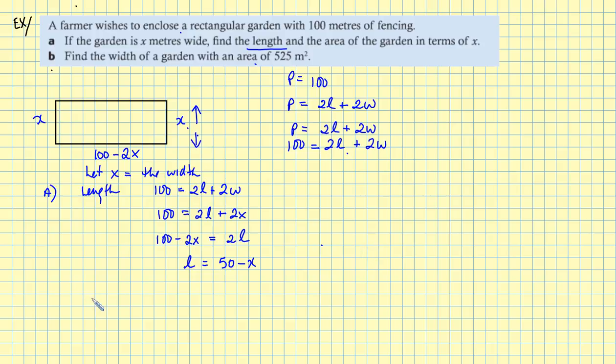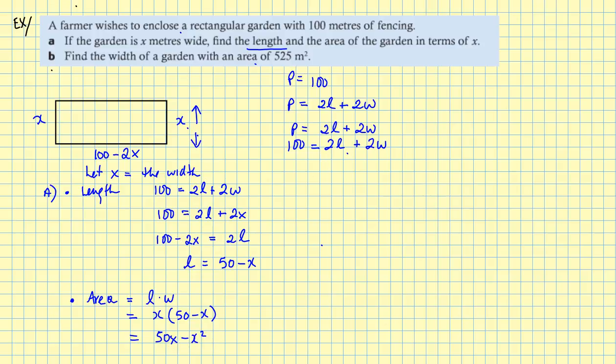Now, if I want to look for my area, my area is equal to length times width. Since the length is 50 minus x, and I know that my width is x, I get area is equal to x times 50 minus x. And from there, my area is equal to 50x minus x squared.